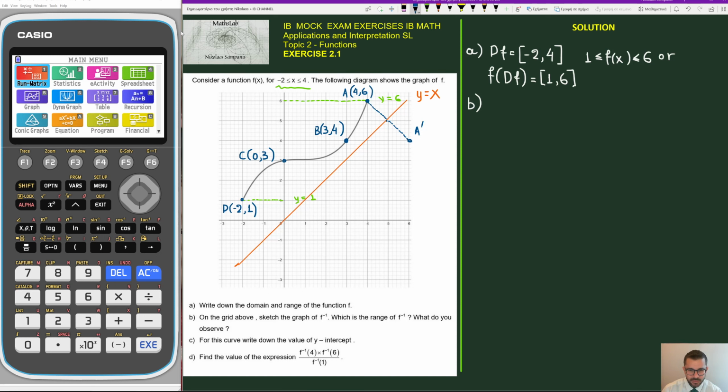So the point A' has coordinates (6, 4). By reversing the coordinates of the point B, we have the point B' (4, 3).